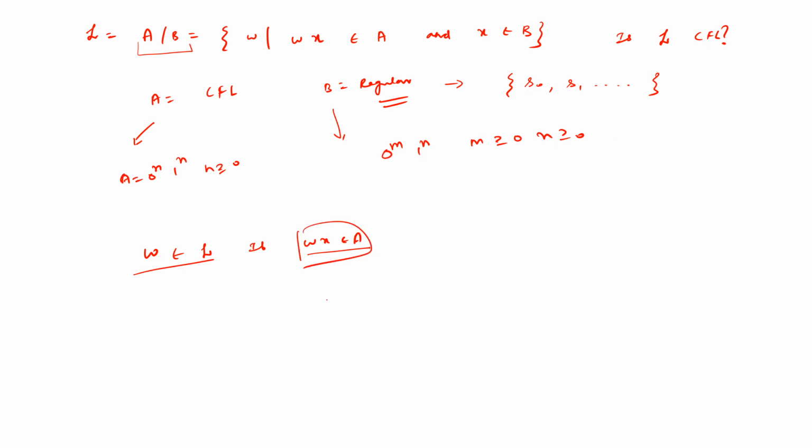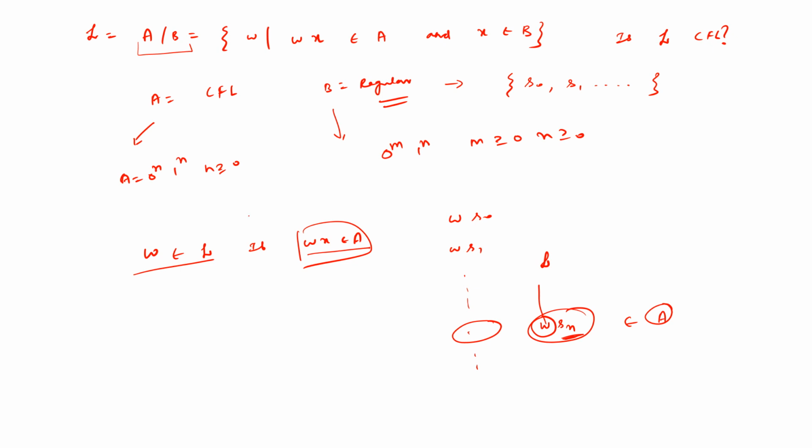Now Wx is nothing but you take each string in the regular language, that is WS0, WS1, and you go on until you hit a string, let's say WSN, such that WSN is accepted by the context free language A. If there is such an SN such that WSN is accepted by A, then you accept this string W in the language L. Got it?